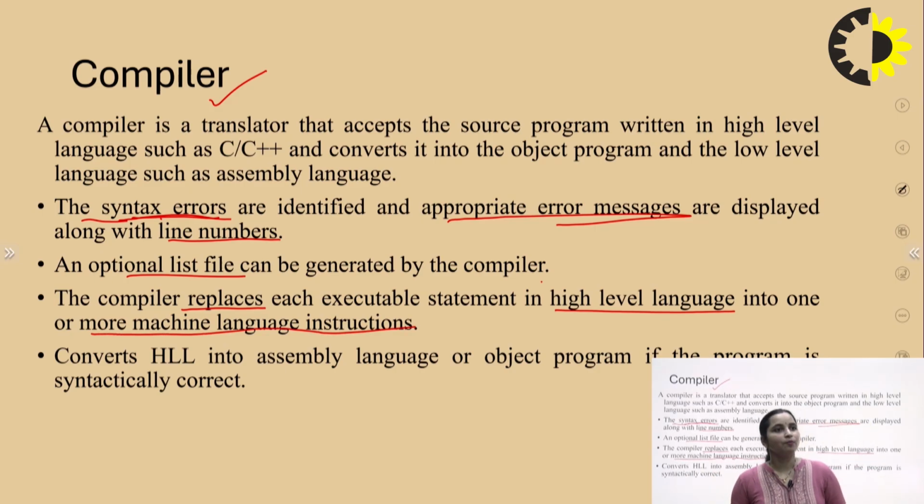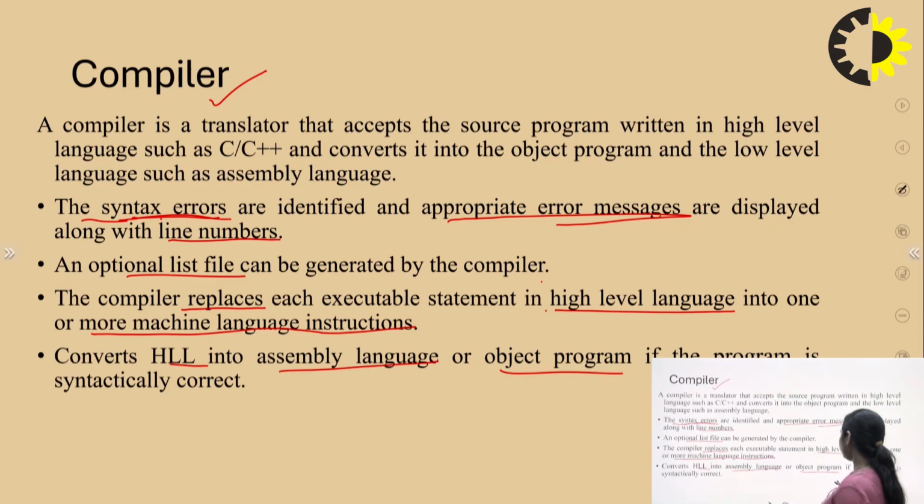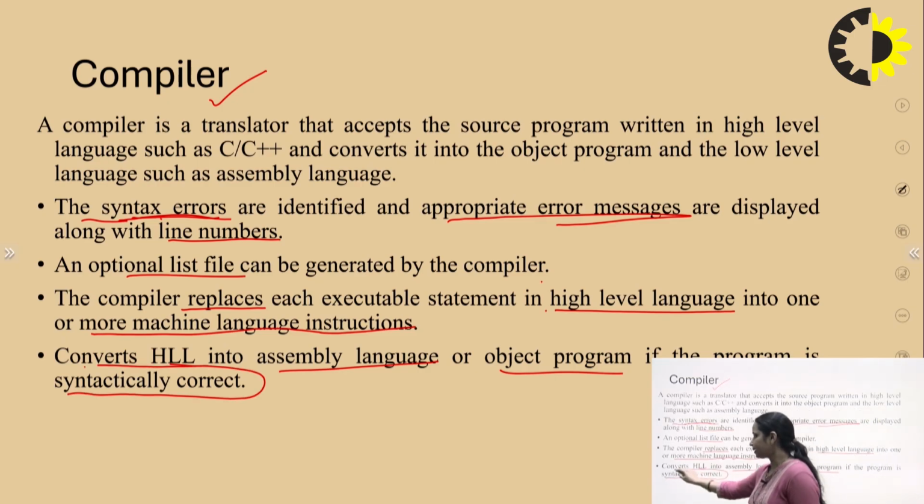So what is the compiler doing? It is replacing the executable lines of code, which are written in high level language, into machine level or machine language instructions, right? So it is converting high level language into assembly language or object program if the program is syntactically correct.